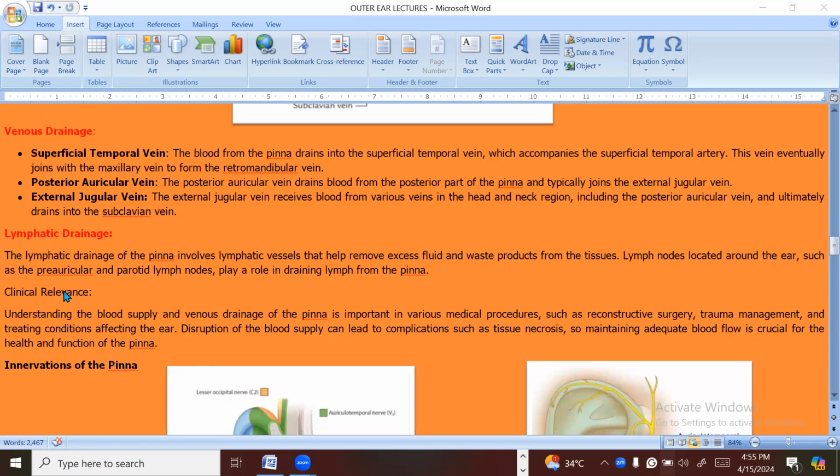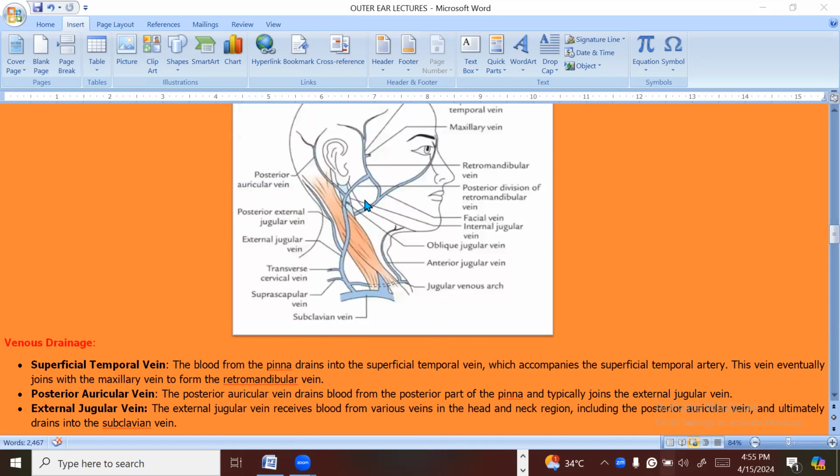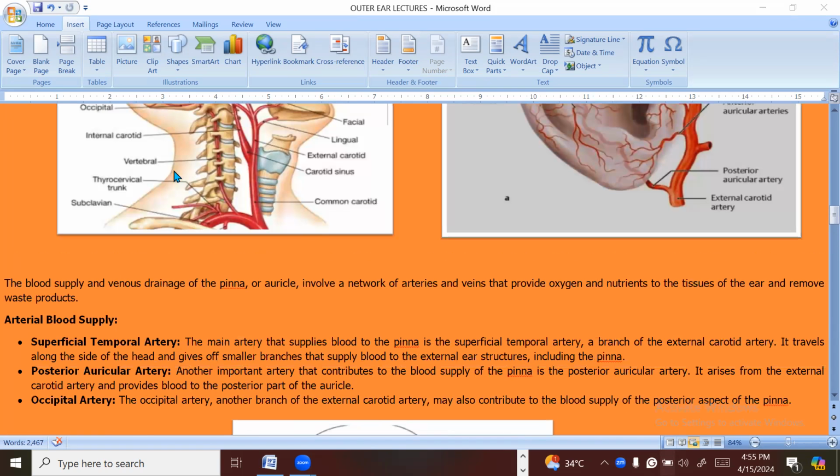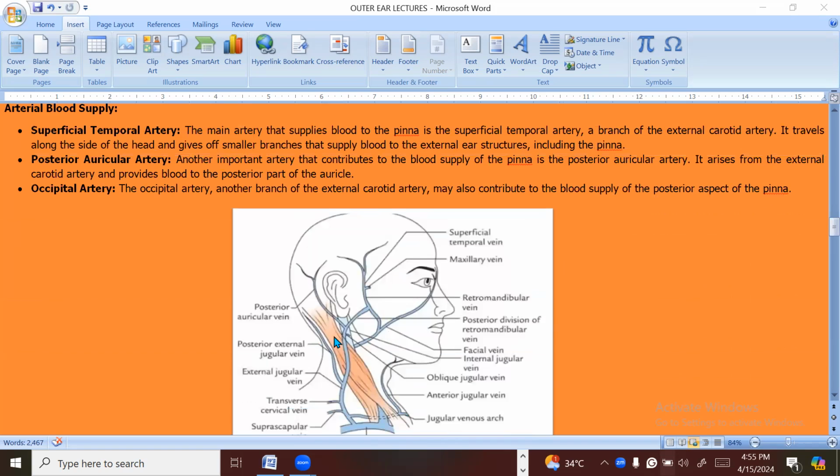The lymphatic drainage. The lymphatic drainage of the pinna involves lymphatic vessels that help to remove excess fluid and waste product from the tissue. There are lots of lymph nodes around this place in every human.